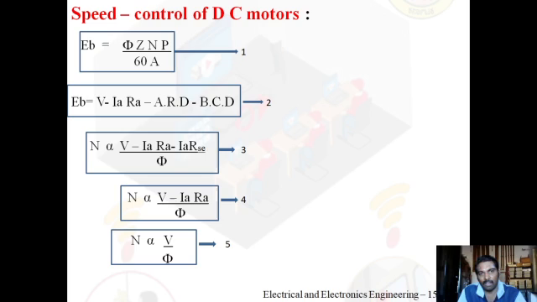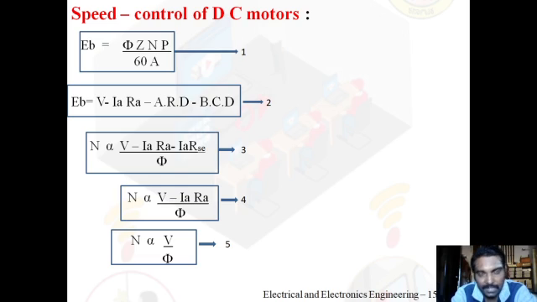The armature conductors placed in the armature slots are connected in the form of lap or wave winding. If it is lap winding, then the number of parallel paths, the value of A, is equal to P.